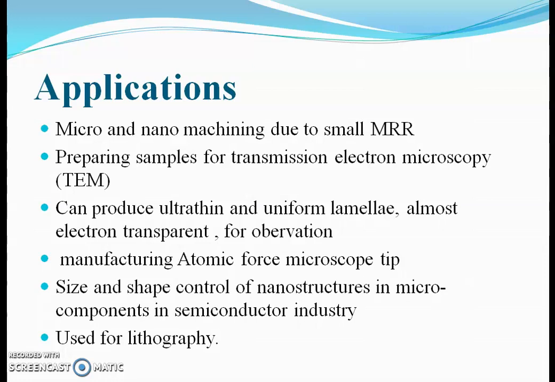Then it can produce ultra thin and uniform laminated product. For observation, manufacturing atomic force microscope, size and shape control of nanostructures in micro components in the semiconductor industry, and use for lithography. These are the applications of the FIB process.